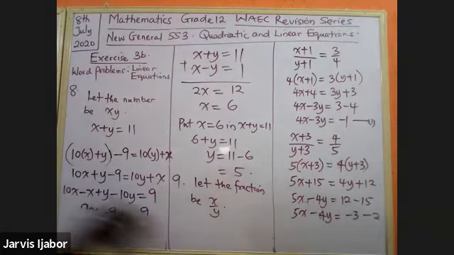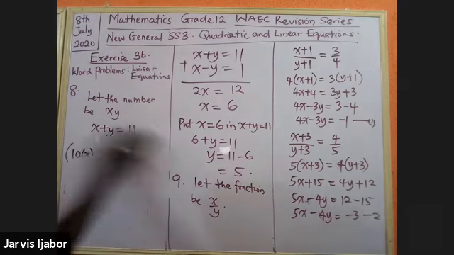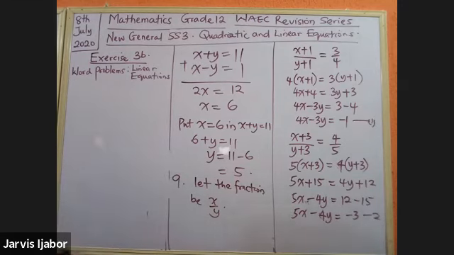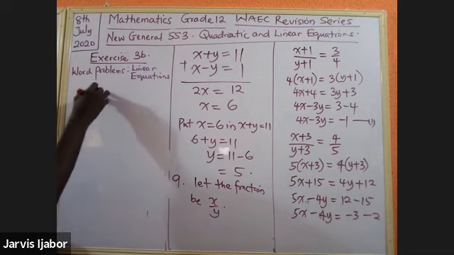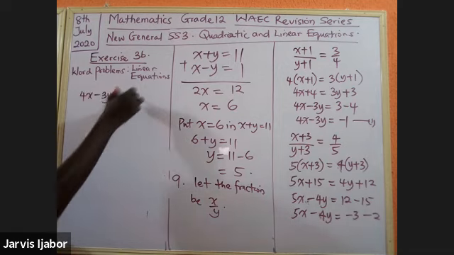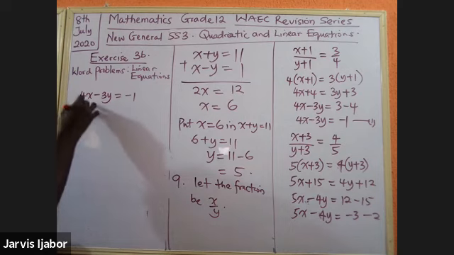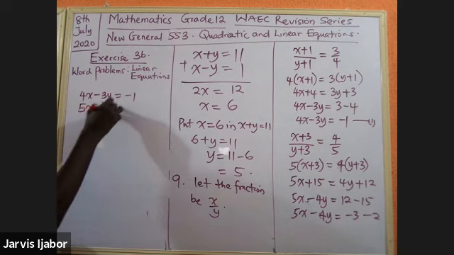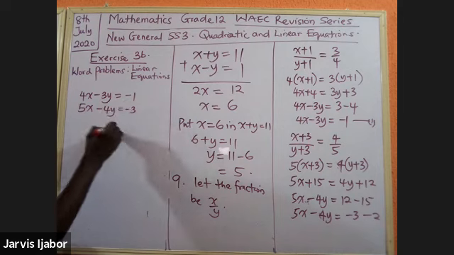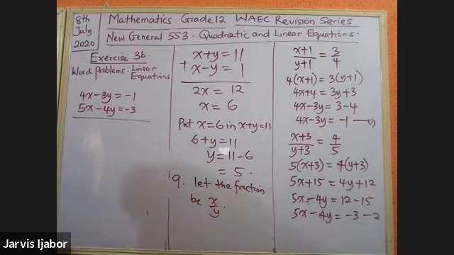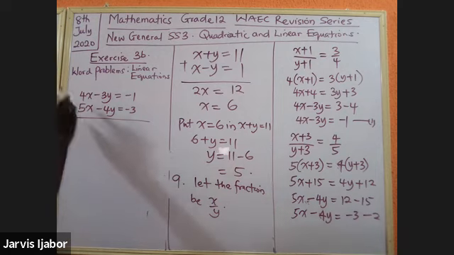So we will come to this part of the board now and try to write it out neatly. So I have 4x minus 3y equal to minus 1. I also have 5x minus 4y equal to minus 3. Now, I'm going to think of the least LCM. The LCM here is 20, 4 times 5.